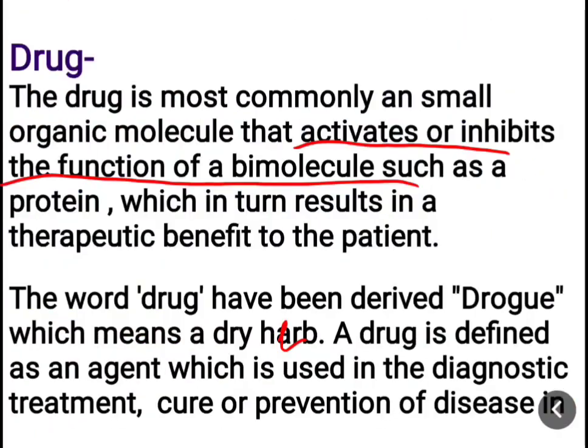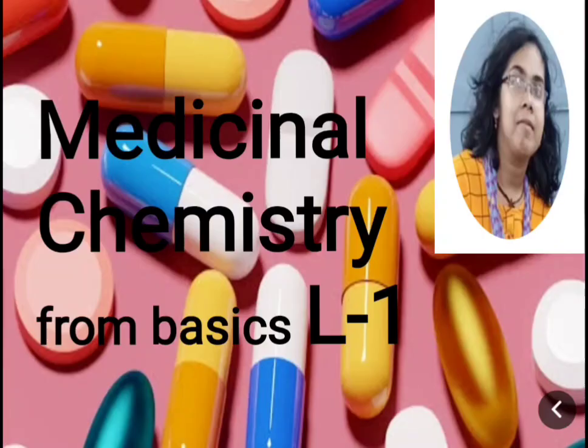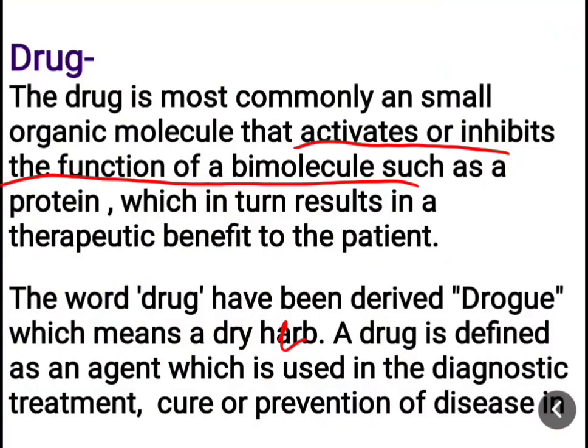Now we consider the summary of medicinal chemistry. A drug is commonly a small organic molecule used to activate or inhibit the function of a biomolecule such as a protein, because in our body most biomolecules are proteins, which in turn results in a therapeutic benefit to the patient.